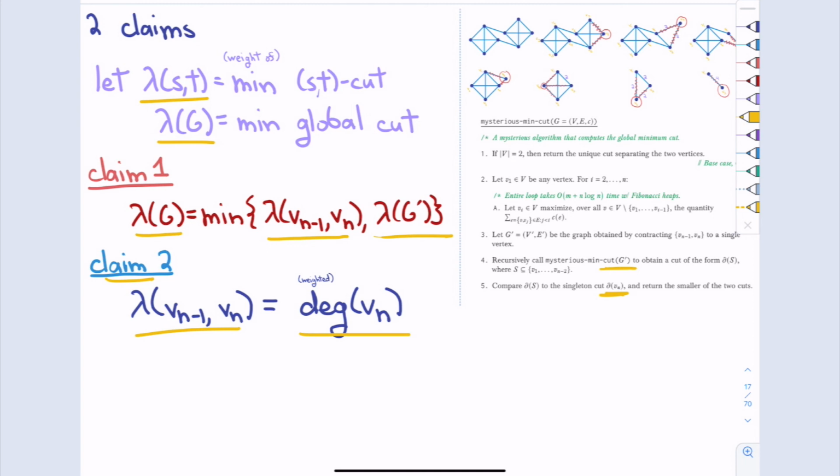I think claim 2 doesn't depend on the ordering.